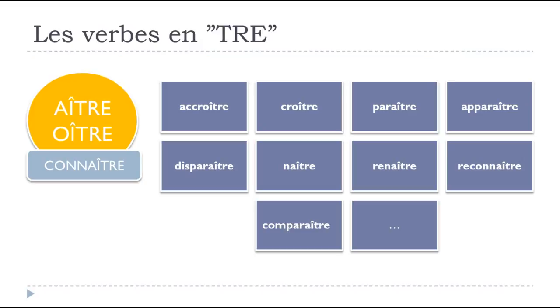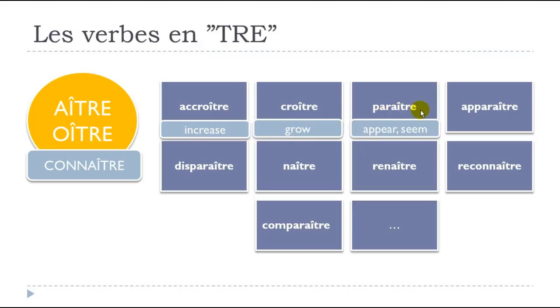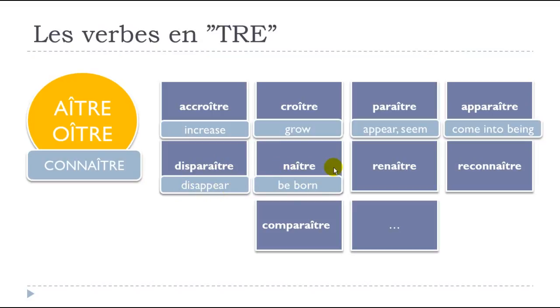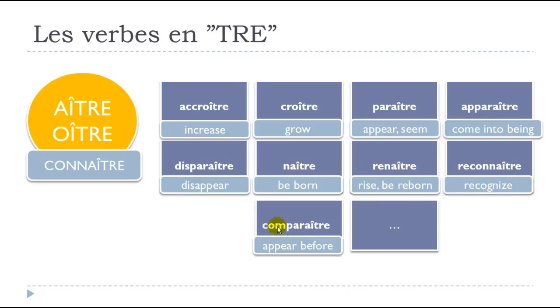So regarding the translation now, accroître, it's to increase, croître, grow, paraître, appear, seem, apparaître, come into being, disparaître, disappear, naître, be born, renaître, rise, be reborn, reconnaître, recognize, comparaître, appear before. Okay, and these verbs will actually be conjugated like connaître.